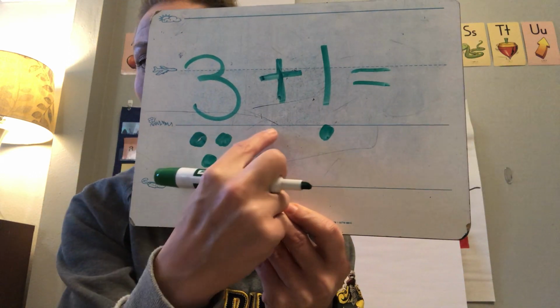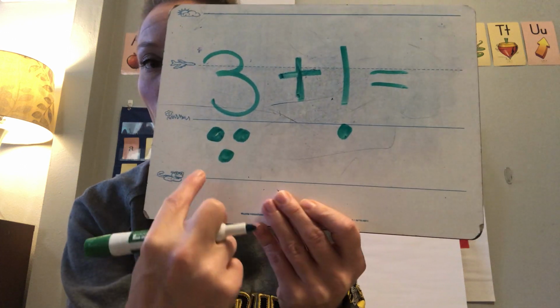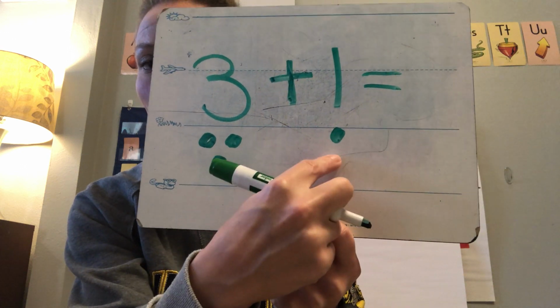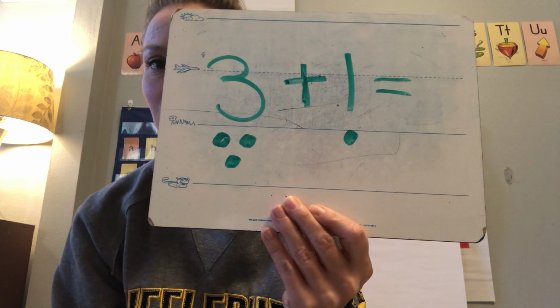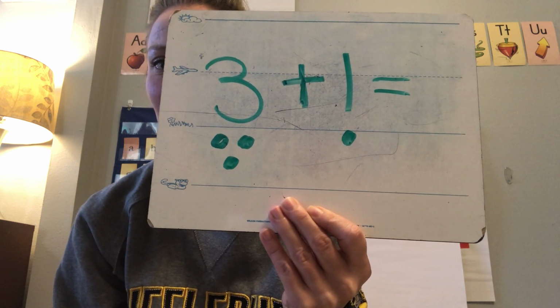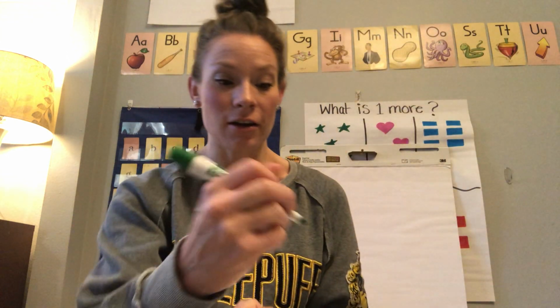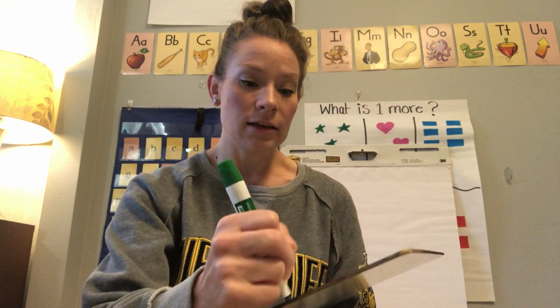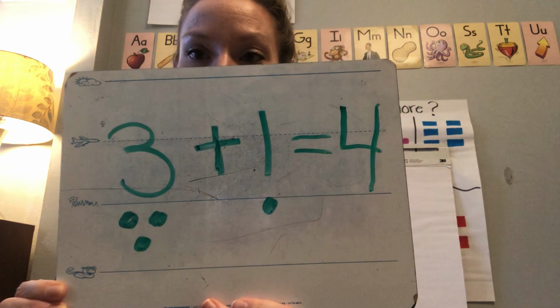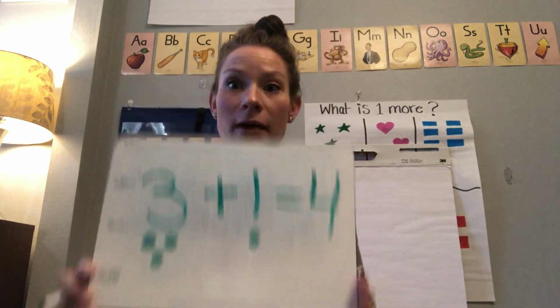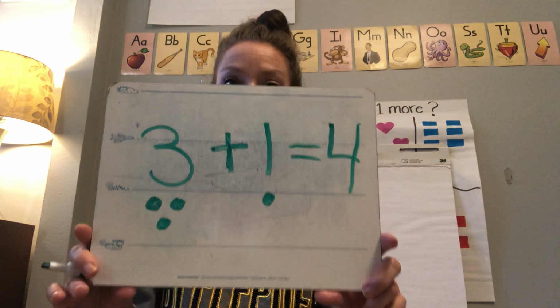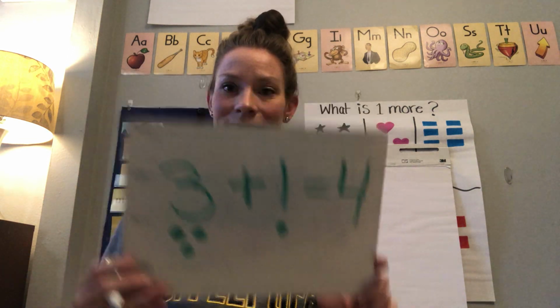So 3 plus 1, or 3 and 1, is, how many dots do you see? Good. 4 dots is equal to 4. That's what a math problem looks like, and by the end of this chapter, we're going to be writing our own addition problems.